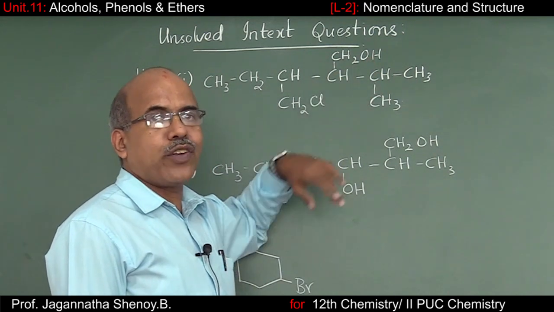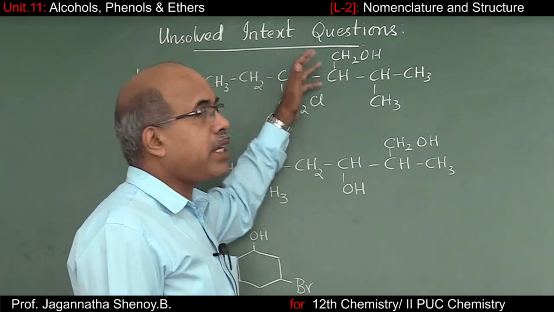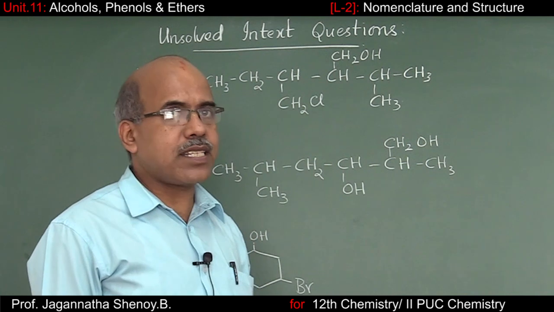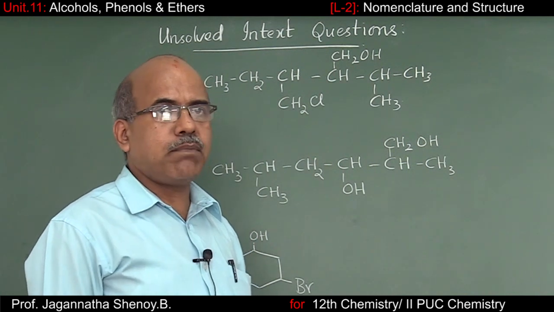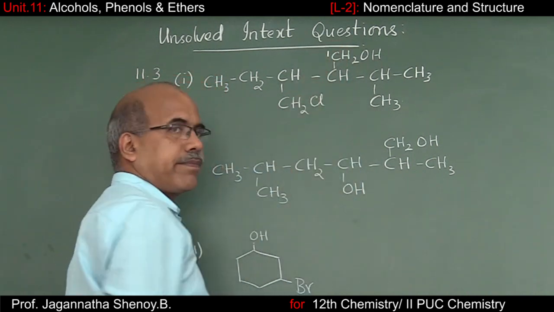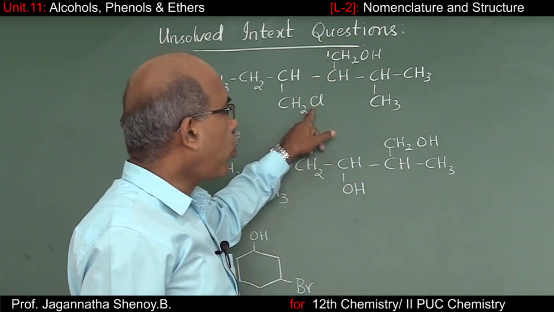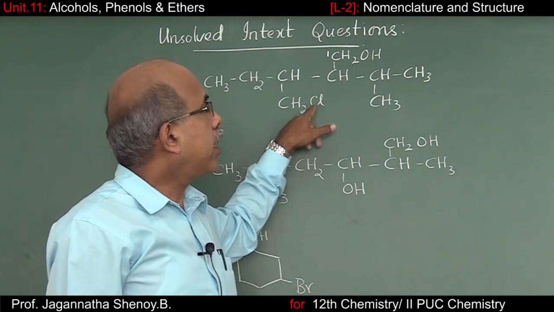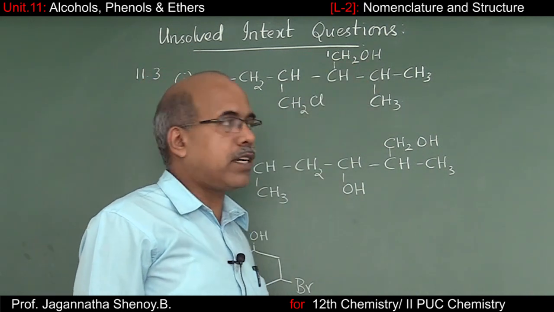And always you have to ensure that the carbon atom carrying the principal functional group should get the lowest number. That's why the numbering should start from this carbon atom only. Though we have a chloro group here, the chloro group is not a principal functional group. Only OH is a principal functional group.